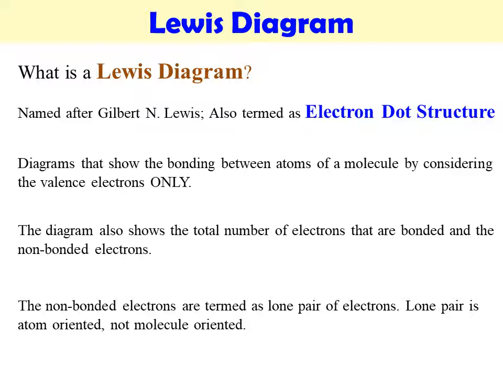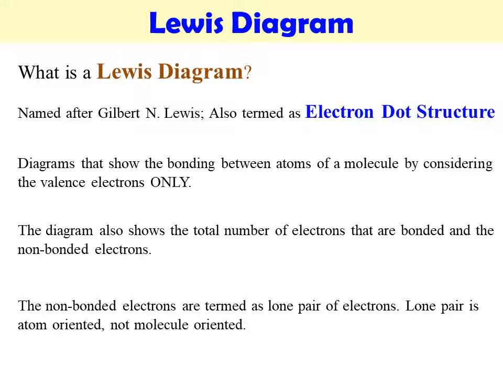Atoms having more than 3 electrons normally have lone pairs of electrons. How many lone pairs a particular atom will have depends totally on the atom itself. It is not molecule dependent.